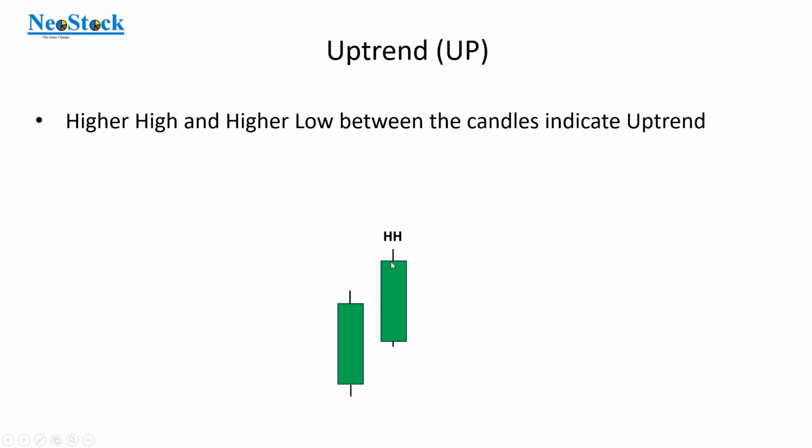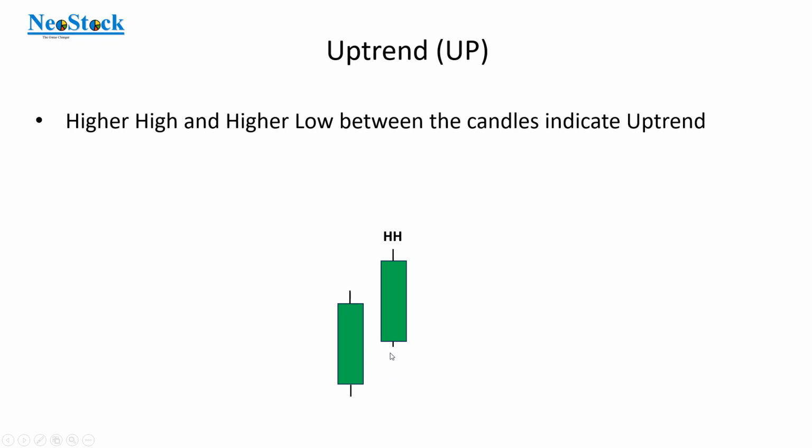Exactly the same way, now compare the lows of both the candles. Recent candle's low and previous candle's low. When you are comparing, what is the position of the recent candle's low? Is it higher or lower? It is higher. Which parameter is higher? The low is higher. The recent candle's low is higher than the previous candle's low.